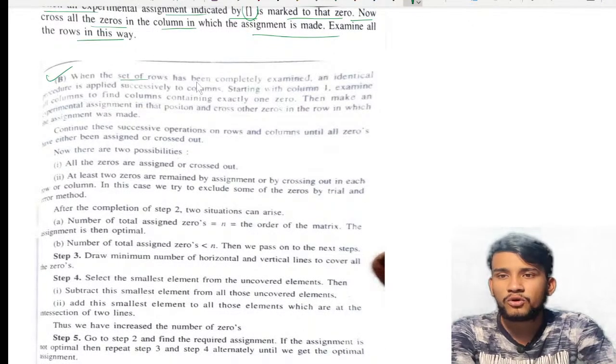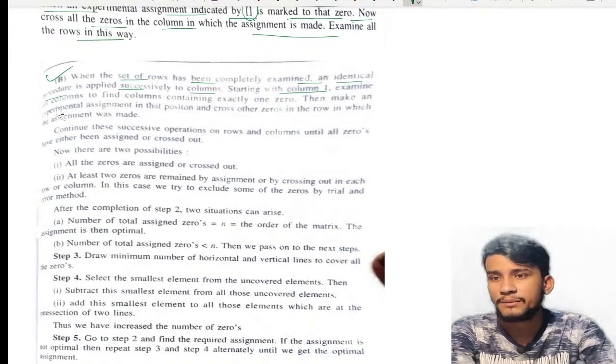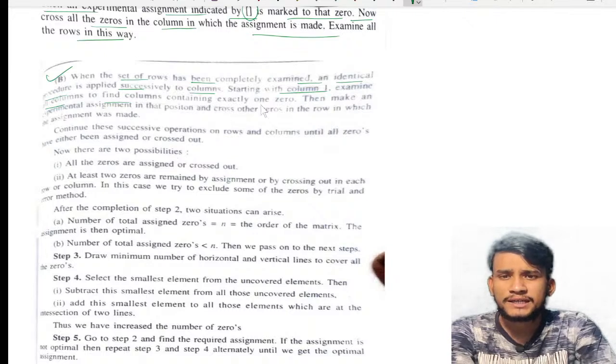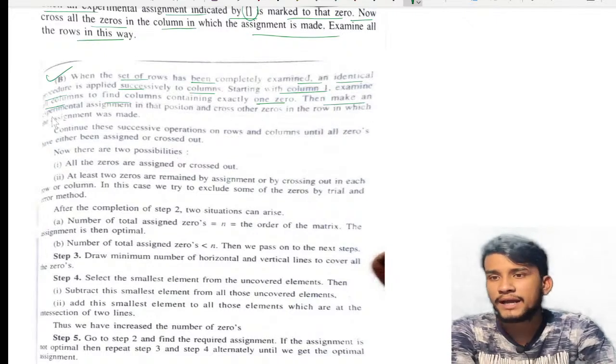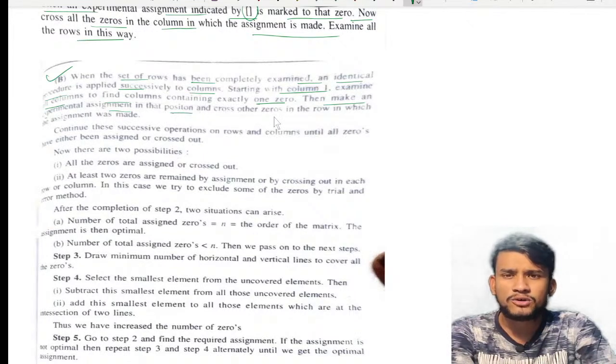When the set of all rows has been completely examined, an identical procedure is applied successively to the columns. Starting with column 1, examine all columns to find a column containing exactly one 0. Then make an experimental assignment to that zero and cross all the other zeros in the row in which the assignment was made.